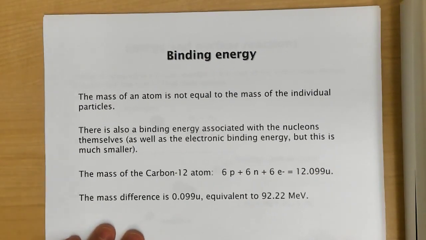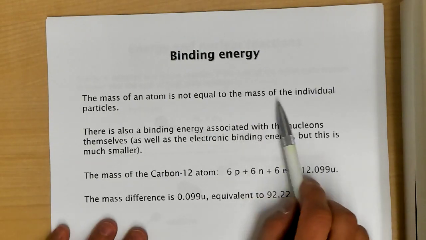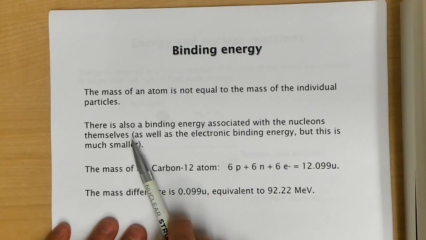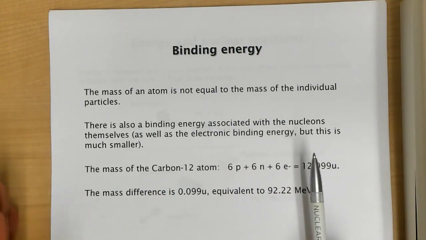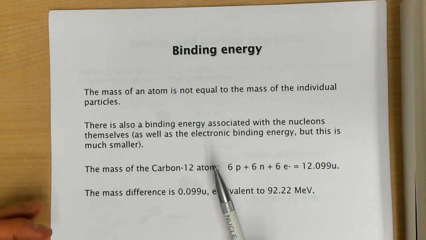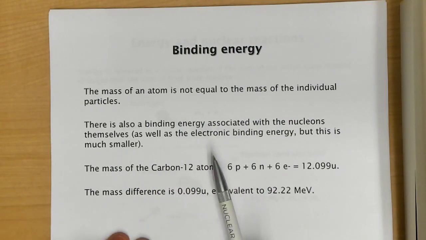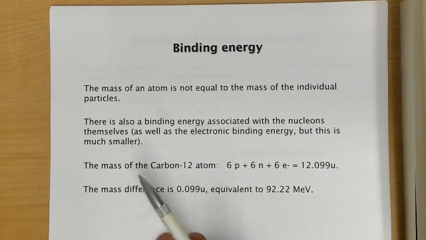So the mass of an atom is not equal to the mass of the individual particles added together. There's also the binding energy associated with the nucleons, as well as a bit smaller, the electronic binding energy, but that's quite a bit smaller. Most of the binding energy is in the nucleus.